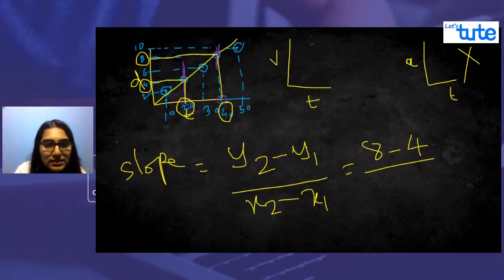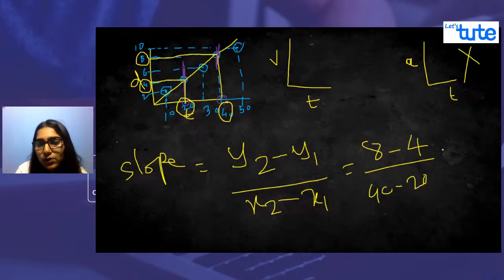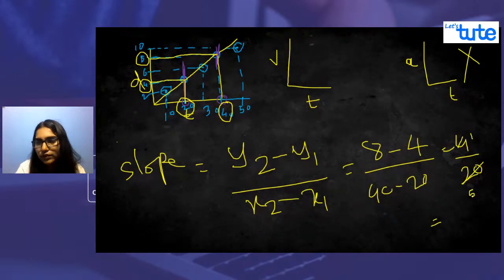Some people have answered me, it is 40 minus 20, that is equal to 4 upon 20. Very good. So we are getting 4 divided by 20, and 4 divided by 20 is equal to 0.2.